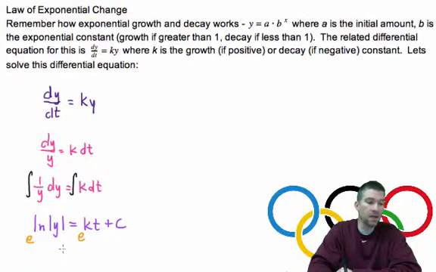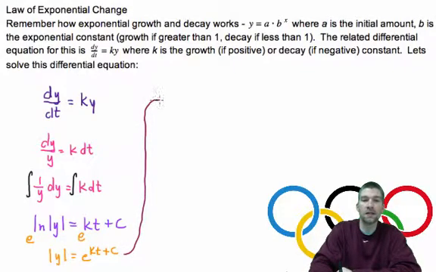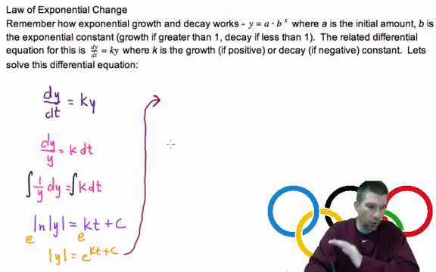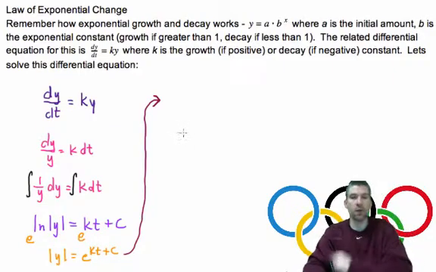What that gives me on the left is the absolute value of y equals e to the kt plus c. I know this is different and perhaps a little strange, but it's totally on the up and up.